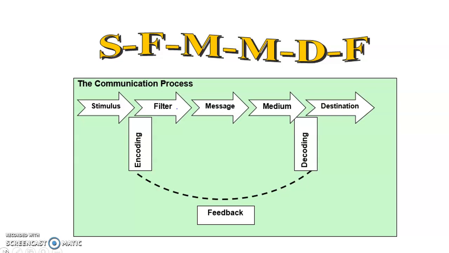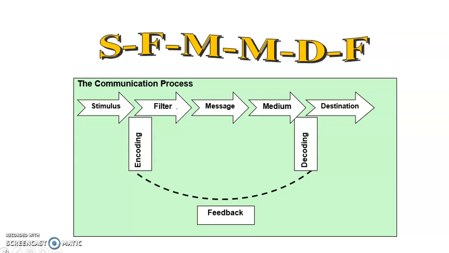Then your filter is based on those things that we said, your cultural background, your social position, whatever it is, all of those things that we discussed earlier. You create the message, you send it through a medium. A medium here is the same as a channel in the previous model. So is it the written word, the spoken word, some way of getting somebody to touch something, whatever it is. And the destination is the receiver.